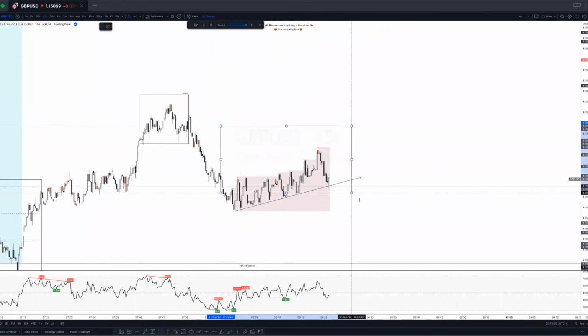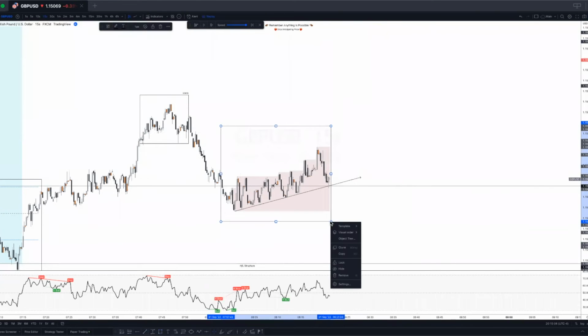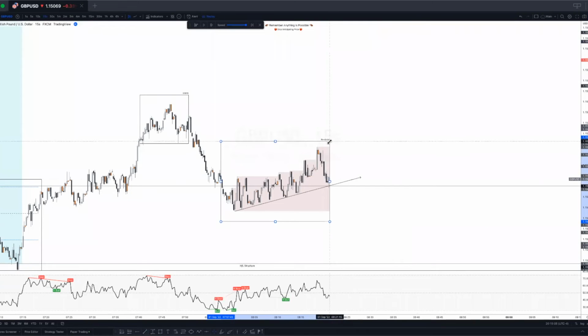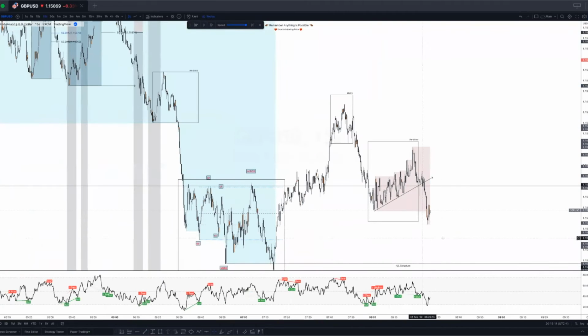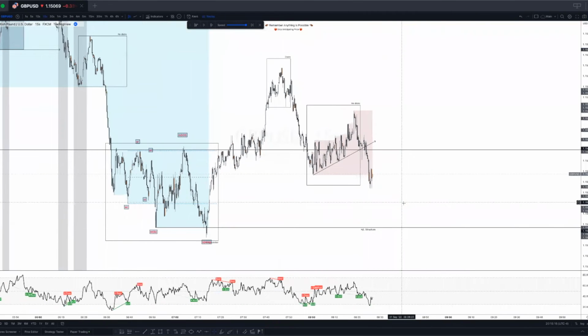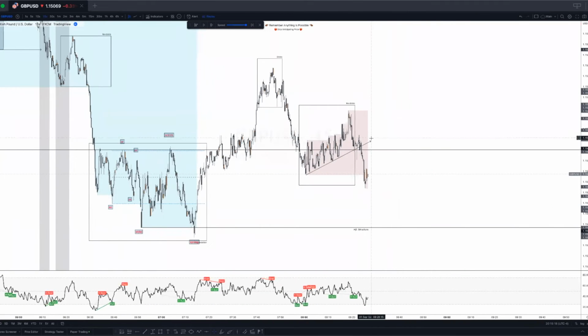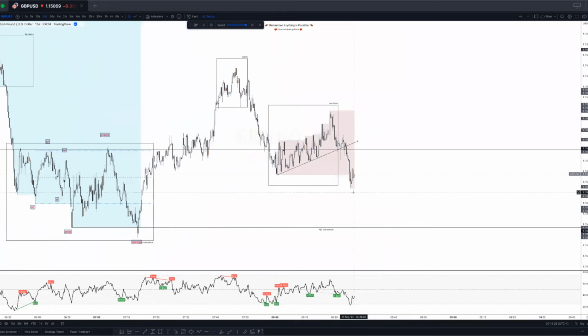This looks like a redistribution to me. Let's see if I'm right or wrong. That's what it looks like. And flat. Splat. All right. So because it's a redistribution at New York Open, this is my target, the price to continue lower.